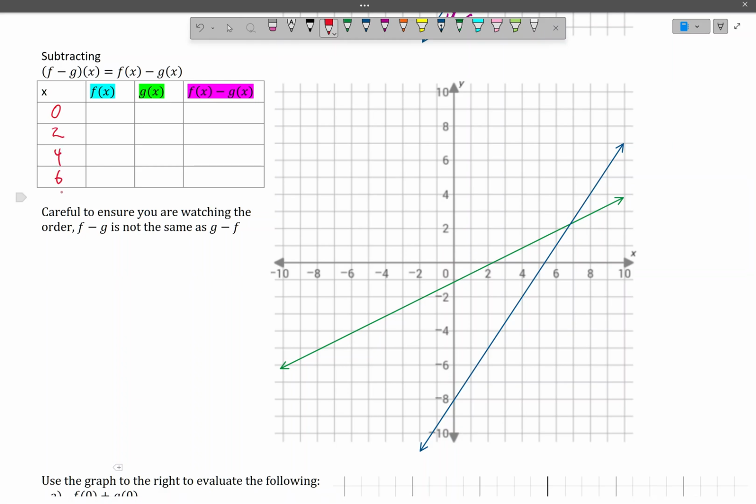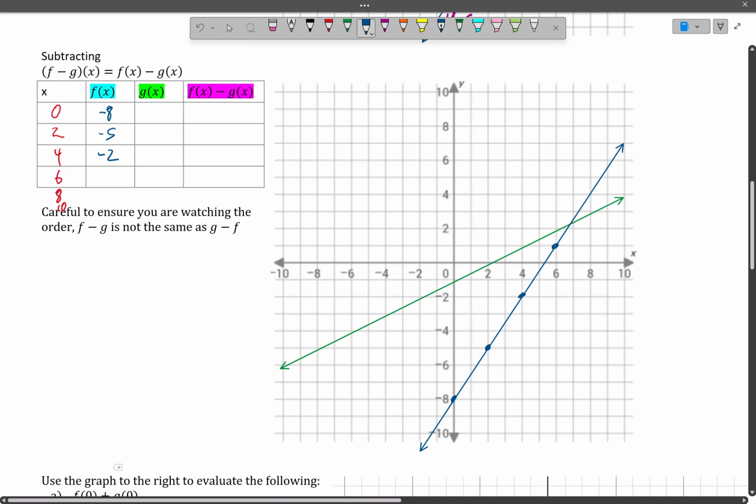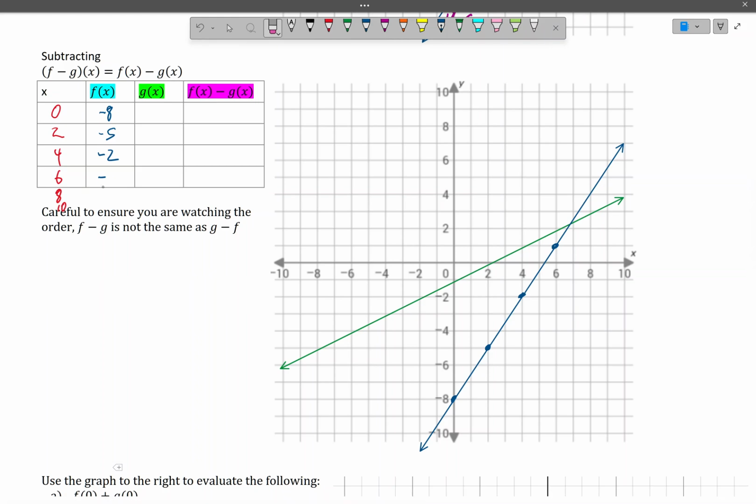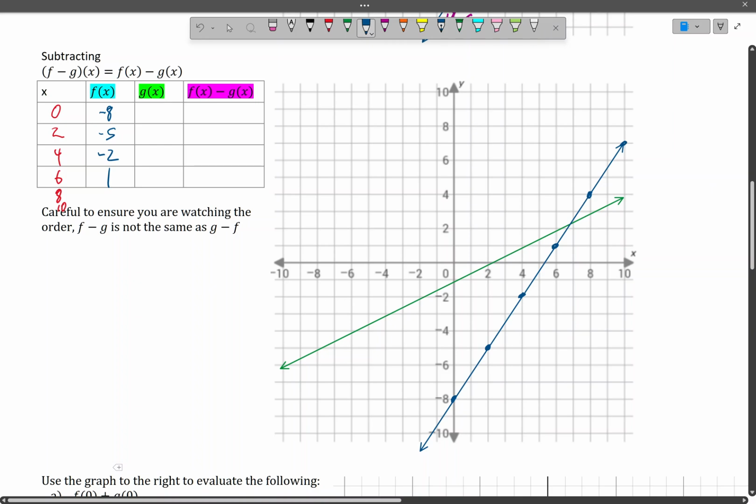4, 6, 8, 10. So the blue one is going to have -8, -5, -2, +1, +4, +7.